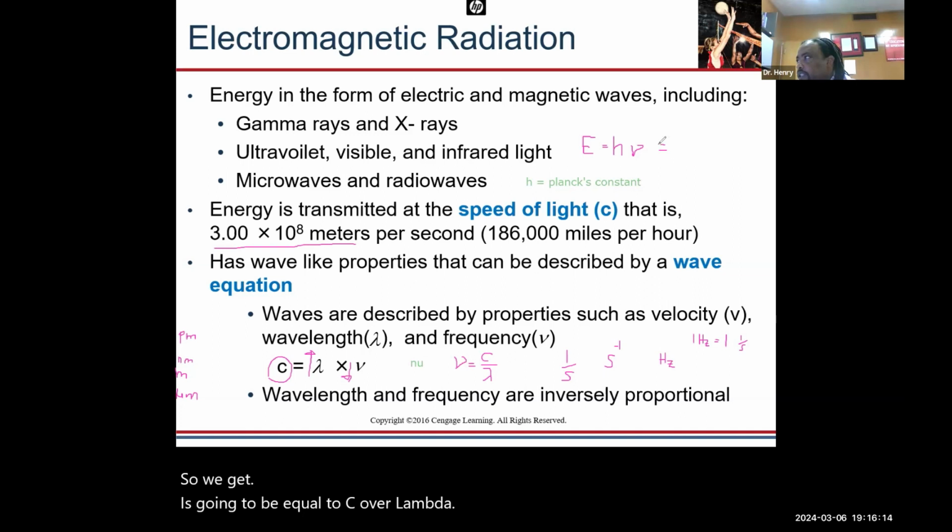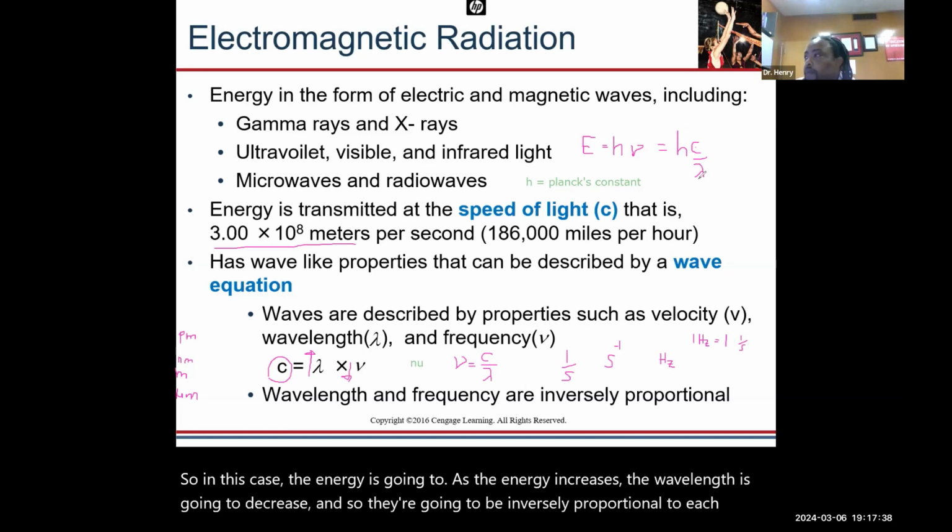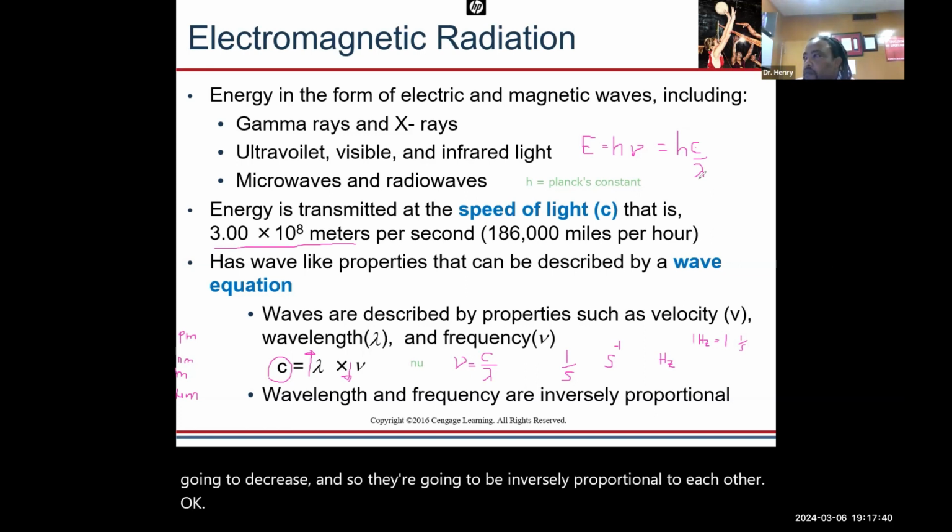So we could say energy is also going to be equal to h c over lambda. In this case, as the energy increases, the wavelength is going to decrease, and so they're going to be inversely proportional to each other. Okay. So let's take a look.